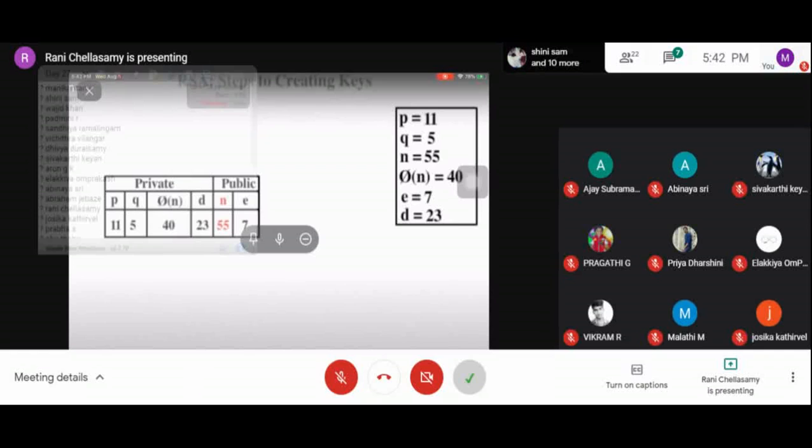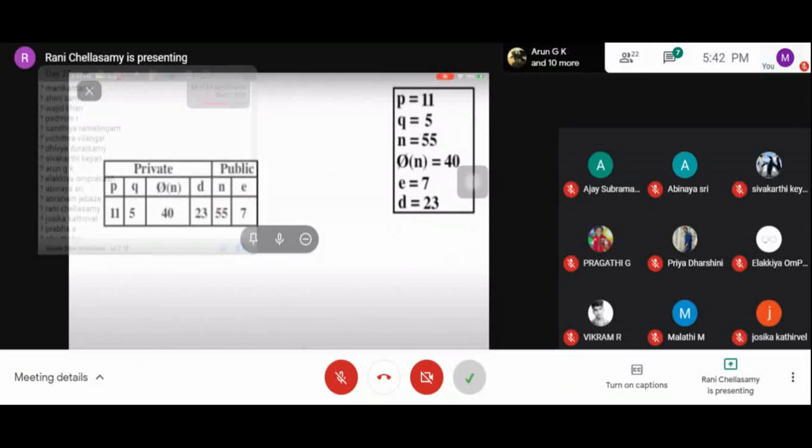Okay. So as a result of this, Bob knows n, that is the n value 55, and his public key value E. These two values can be distributed as he wants. So Alice can also use N and E to encrypt the message for Bob.